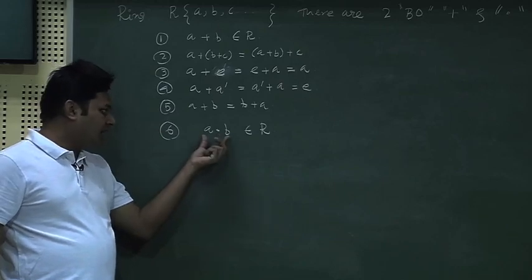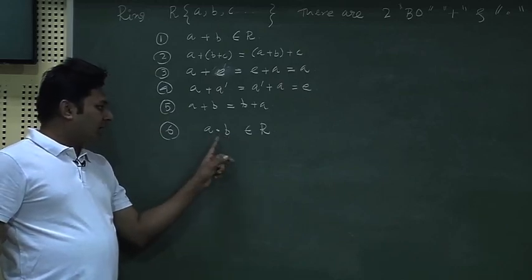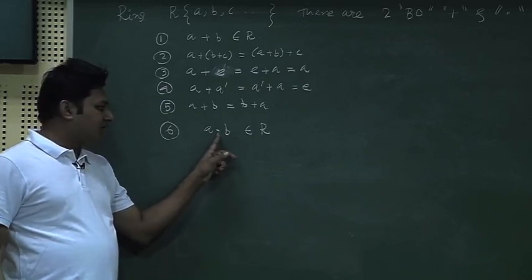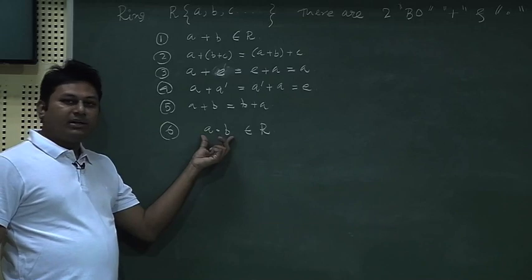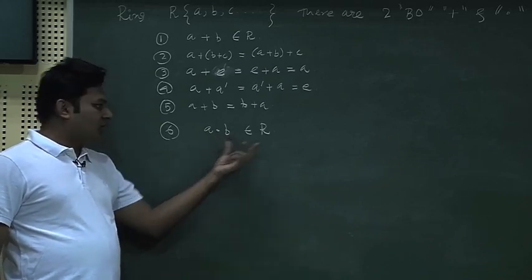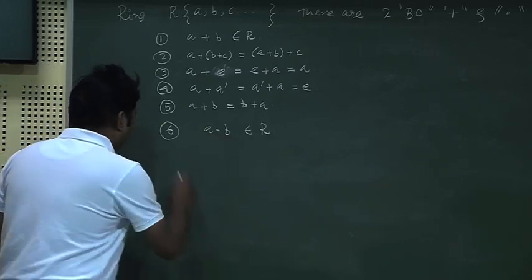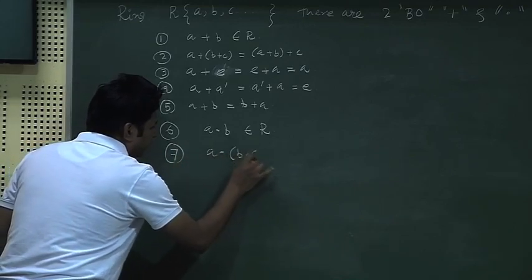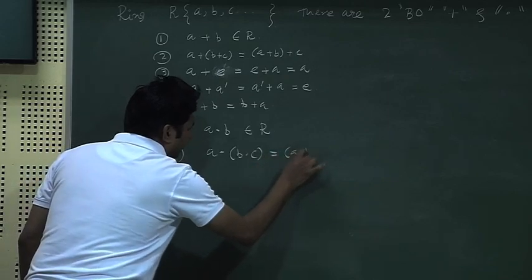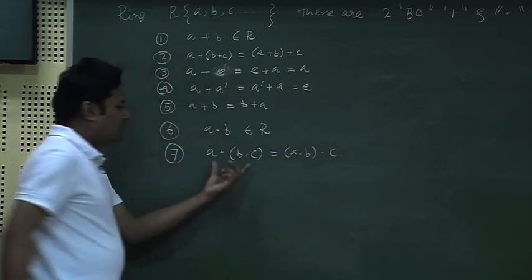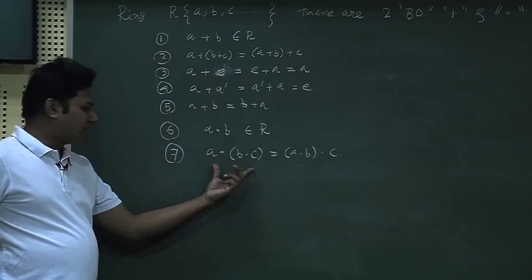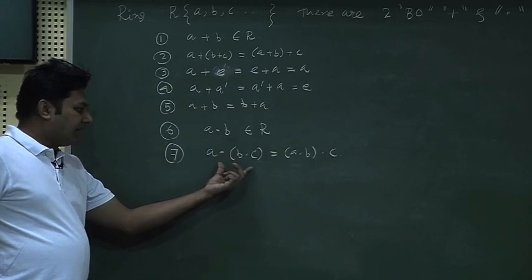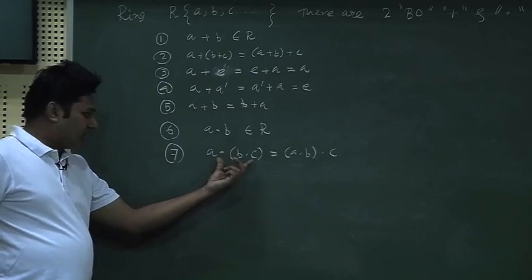I am taking two elements, and when they are combined with this binary operation star, I will get another quantity a dot b, which also belongs to this set R. 7, (a star b) star c is a star (b star c). In star, they follow the associative rule. So first is the closure property, followed by this, and second is the associative property.